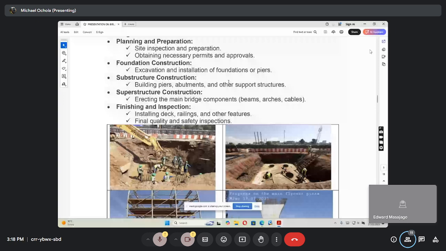Anything below the pile cap is considered to constitute the foundation. So when they talk about foundation excavation, think about spread footing or piling. Then the substructure is the pier support, abutment, and other supports below the deck and above the riverbed or above the pile caps.